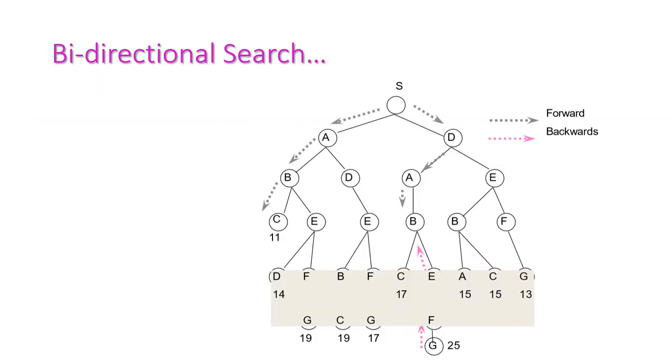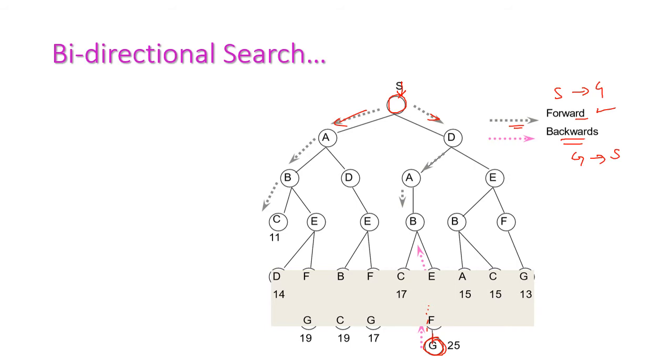And this is the bidirectional search. Our starting state is here. From here the searching will take place and go towards the goal state. The gray color is the forward searching, starting from start to goal. The next one is the goal state, and from the goal state another searching will start and go backwards towards the starting state, that is, goal state to start state.